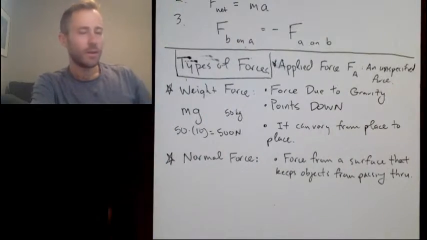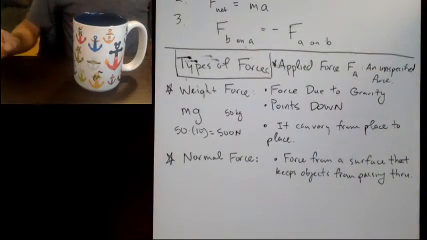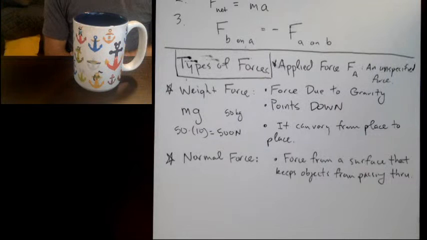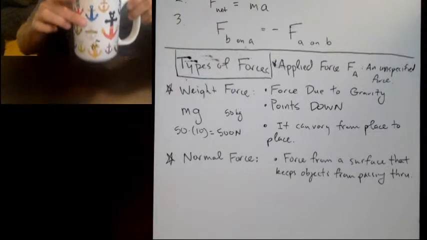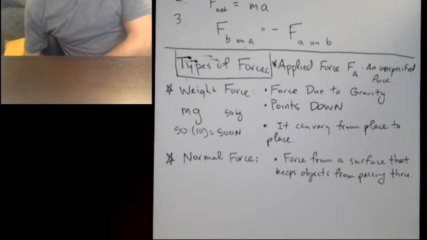If I take a cup and set it on the table, gravity, the weight force, is pushing the cup downward. So if there was no normal force, the cup would pass through the floor and accelerate down.